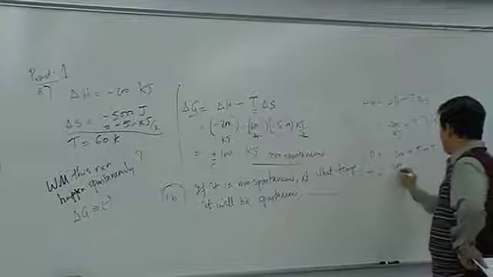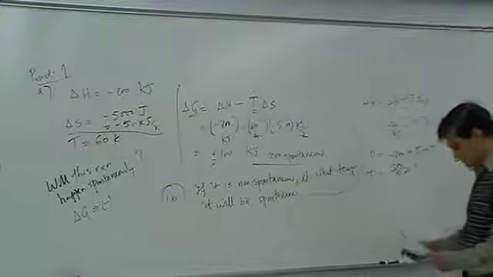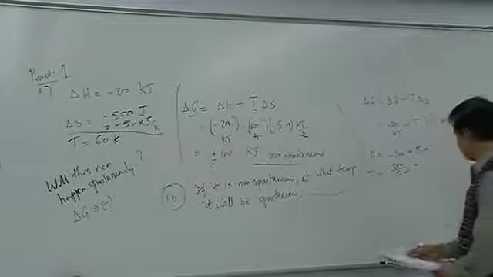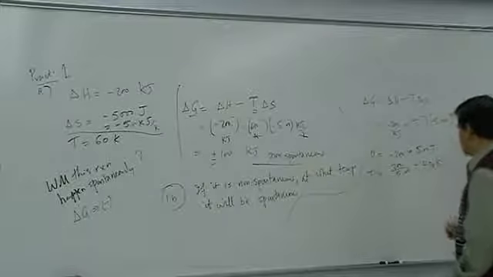So 200 divided by 5.00. So in this case, I get 40.0 Kelvin.